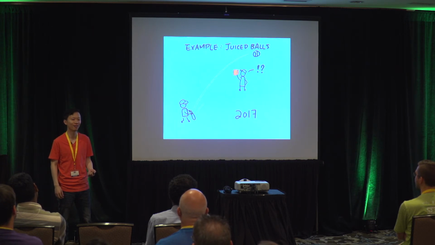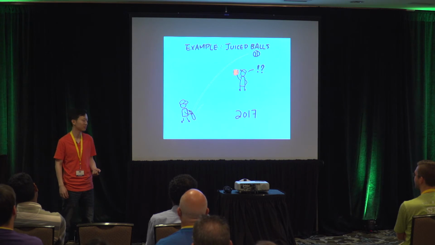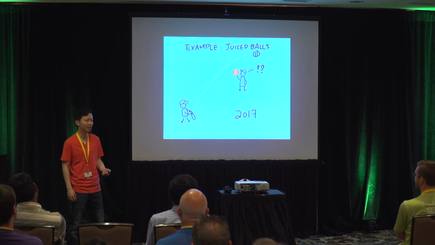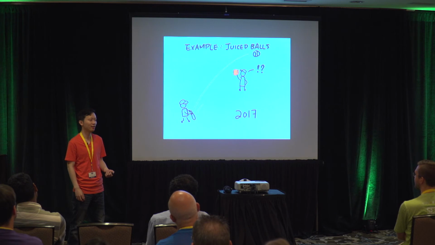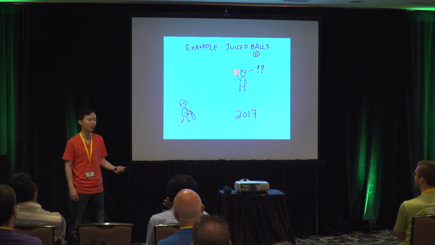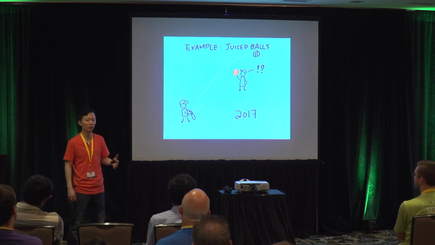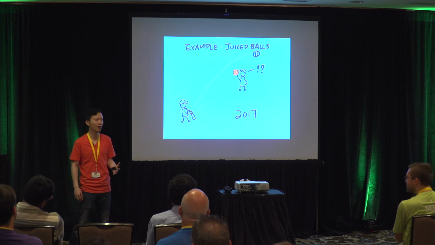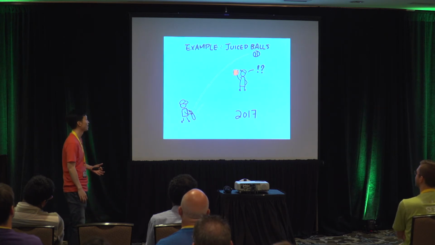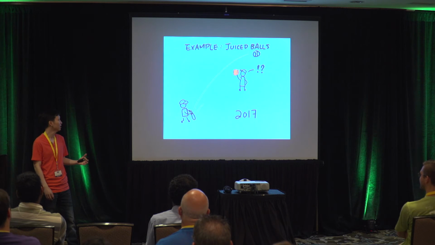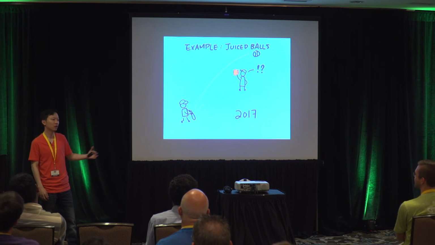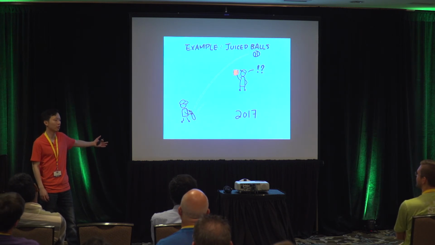What's going on? And people start speculating. 538, all the sports blogs. I'm not sure about ESPN, but most trustworthy sports sites start talking about these problems. So what happened? Why all of a sudden do balls start carrying longer distances?